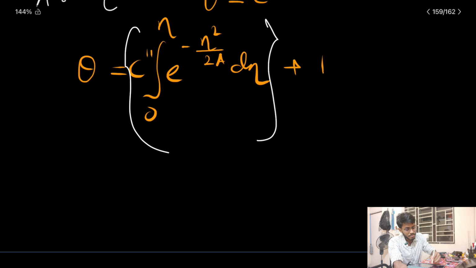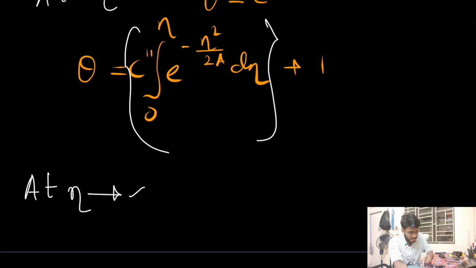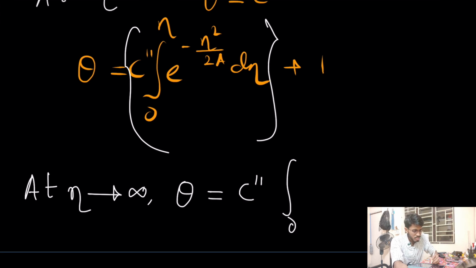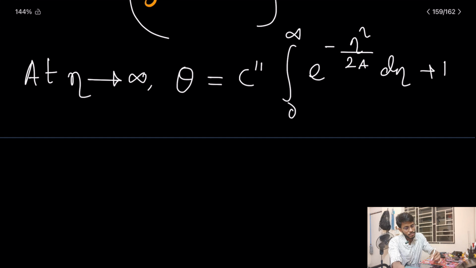Now let me put the second boundary condition, that is at eta tending to infinity, what I am having, theta is equal to c double prime integral 0 to infinity e to the power minus eta square by 2a d eta plus 1. Now let me work with this integral.